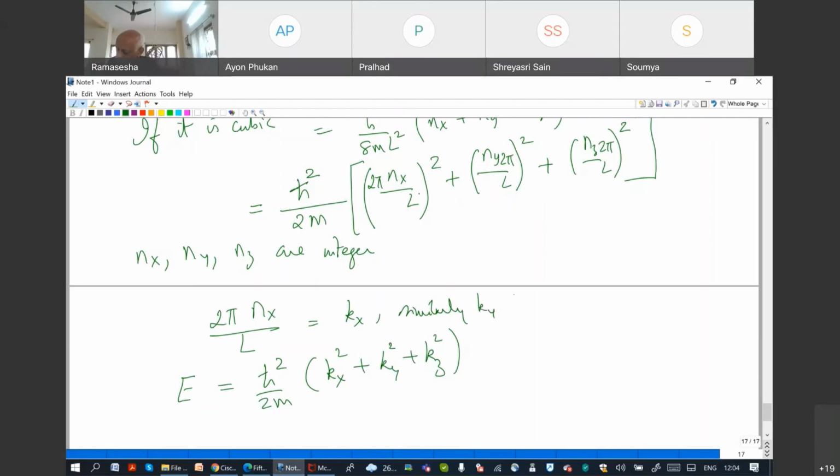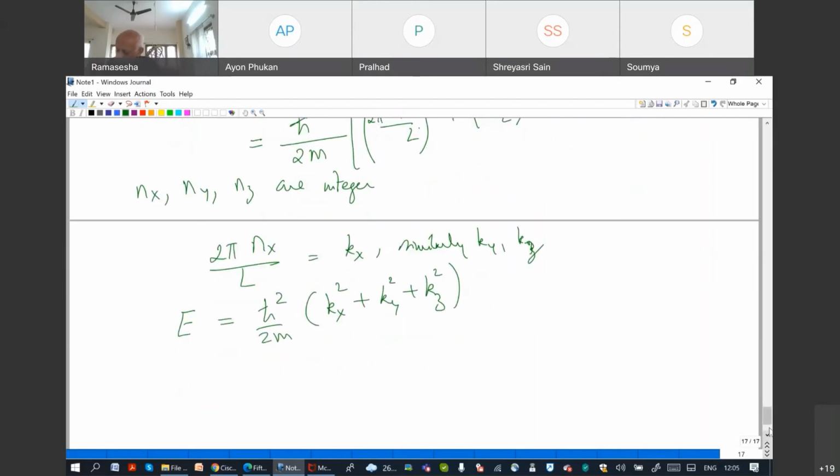Similarly ky, kz. Or this is h cross squared by 2m times k squared.